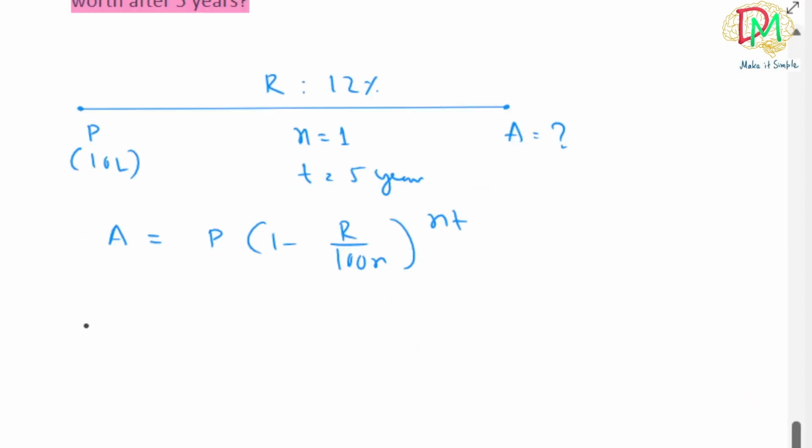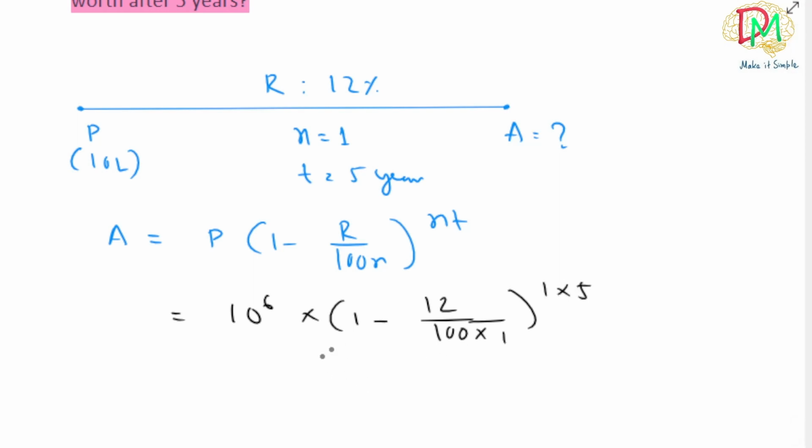We put the values, we get 10 lakhs, that is 10 to the power 6, into 1 minus, put the value of R, that is 12 by 100, and n is 1, so n is 1, T is 5. Clear?